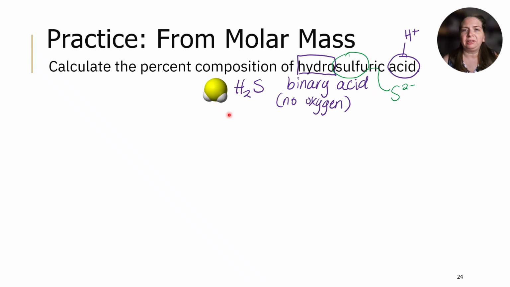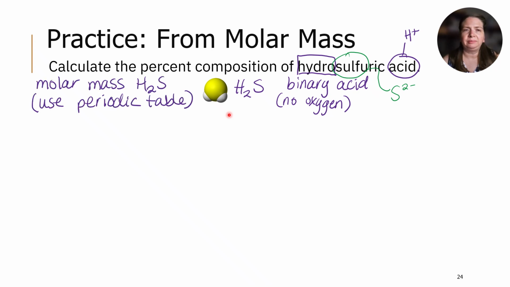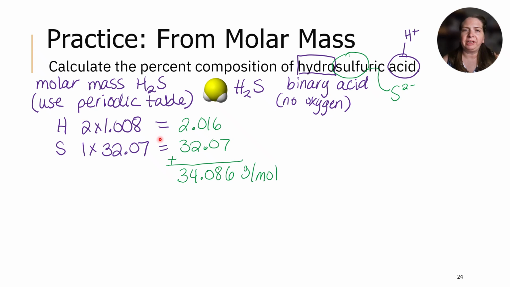Now we can calculate the molar mass of this compound. Hydrosulfuric acid contains 2 hydrogen atoms, 1 sulfur atom. The molar mass is 2 times 1.008 plus 1 times 32.07, which gives us a molar mass of 34.086 grams per mole.